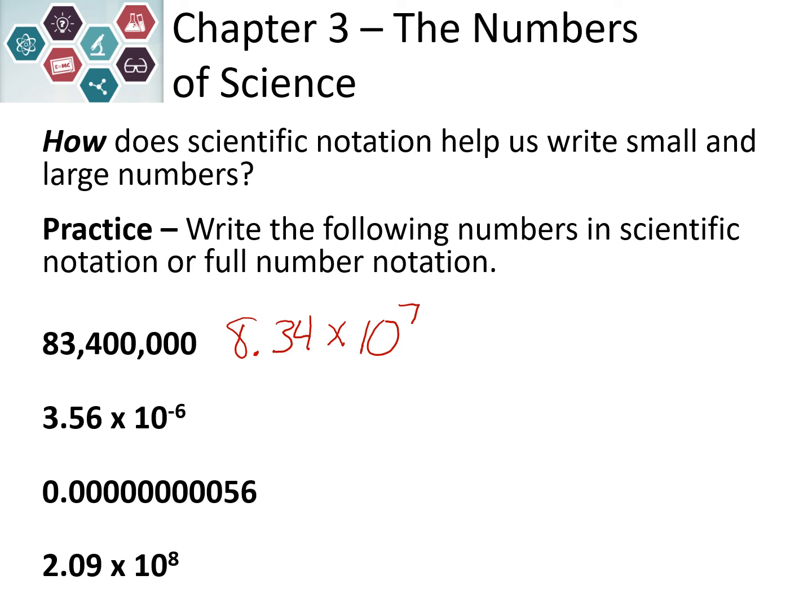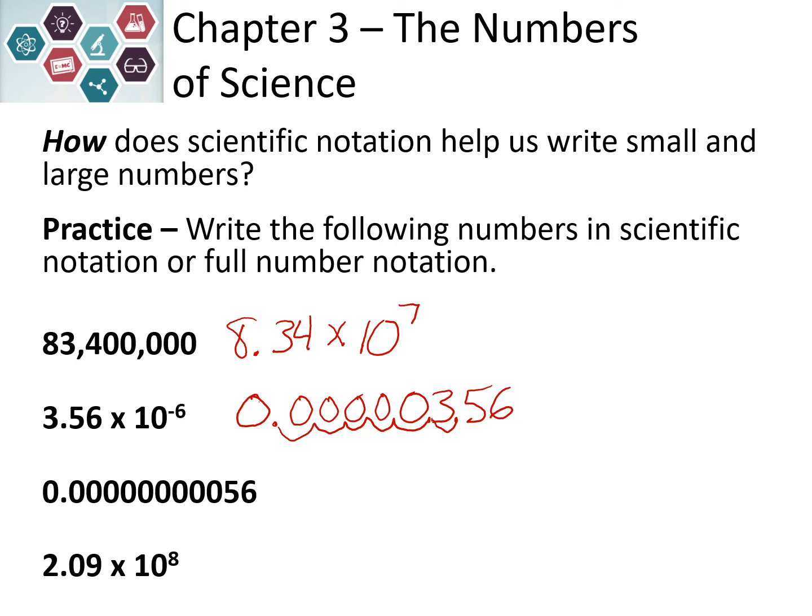Here we have scientific notation. Now if we're going to write this out, it's a negative number, so I know it's less than 1. I need 6 digits. So 1, 2, 3, 4, 5, which is 5 zeros, and then the 3 that we move the decimal point.